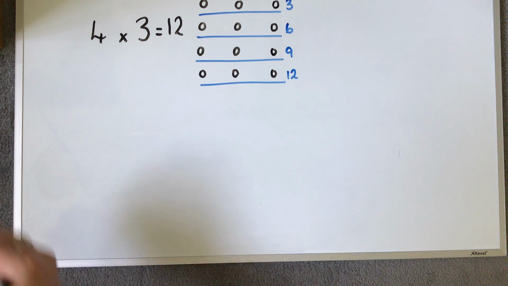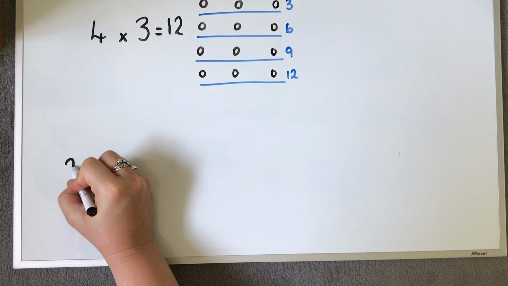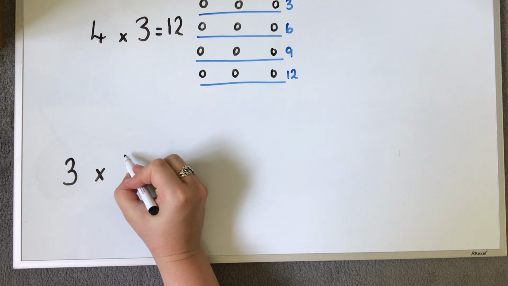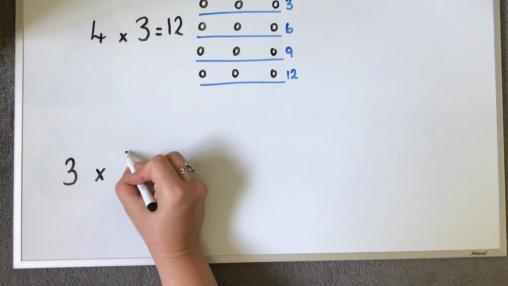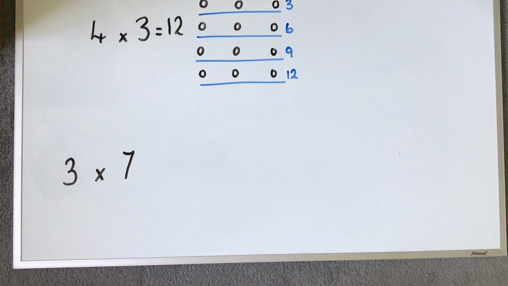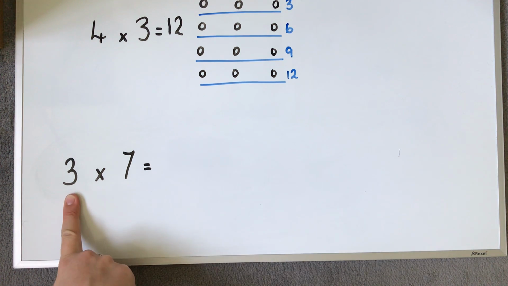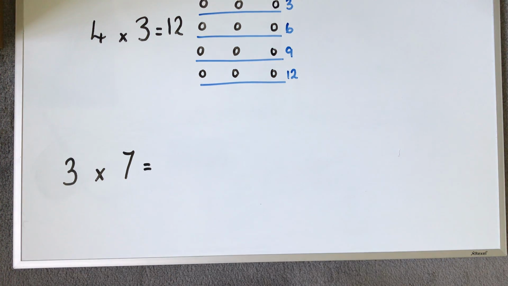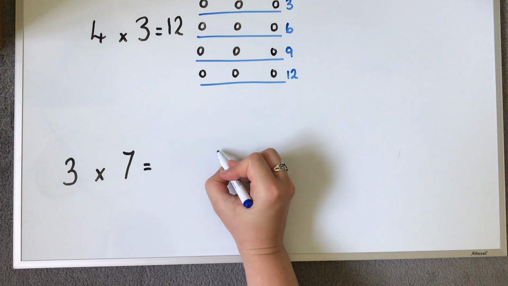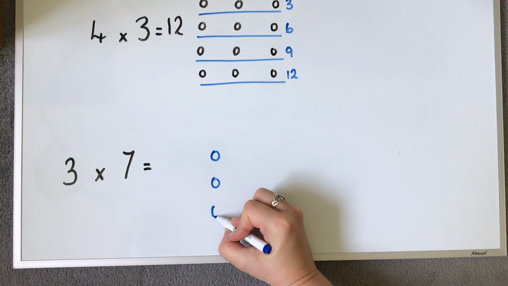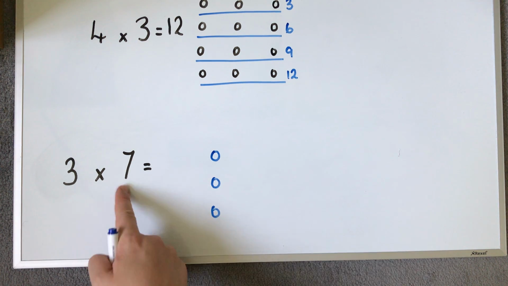If we had 3 times by 7. Okay. So we know that we need 3 rows of 7, so 3 rows and 7 columns. So we're going to have 1, 2, 3 rows and 7 in each row.